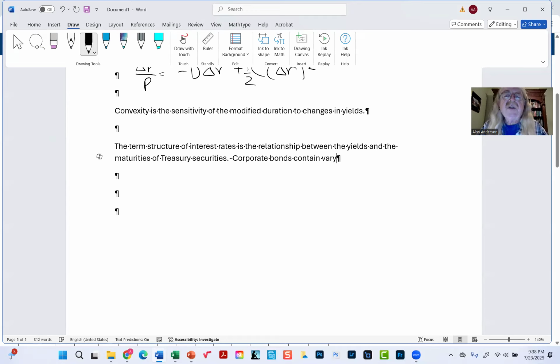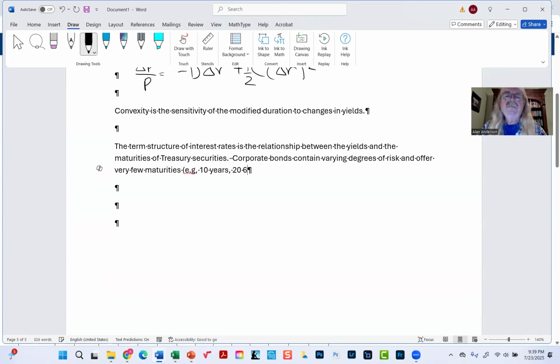They also offer very few maturities, typically 10 years, 20 years, and 30 years.